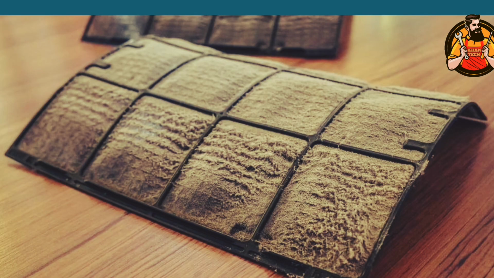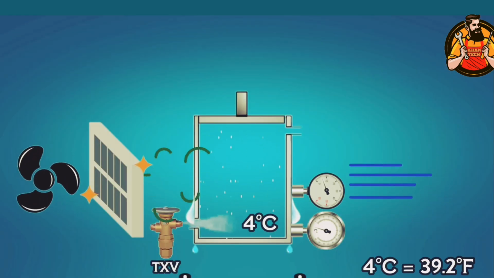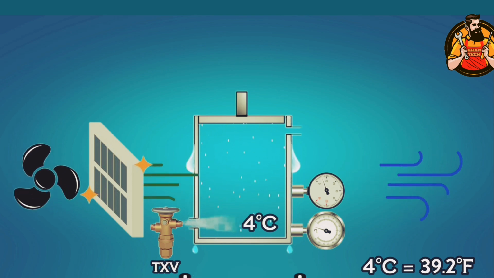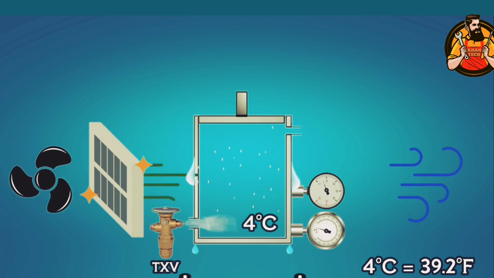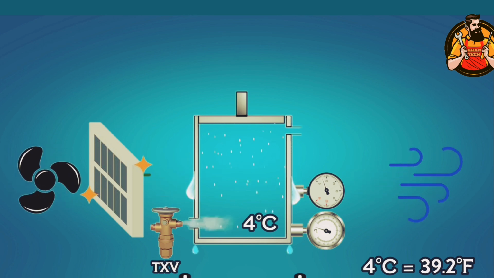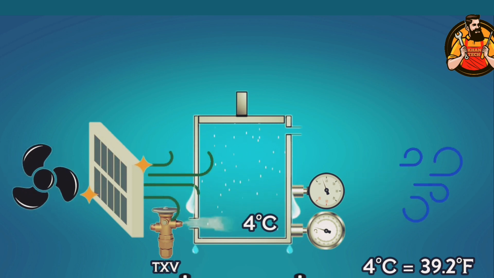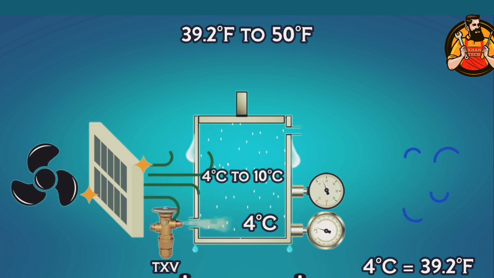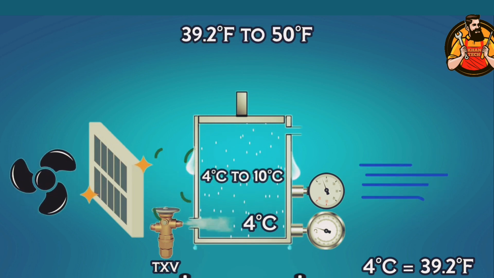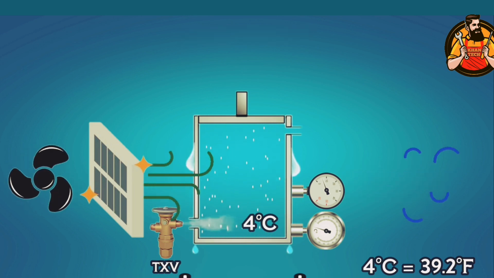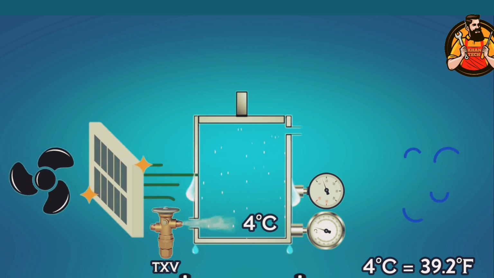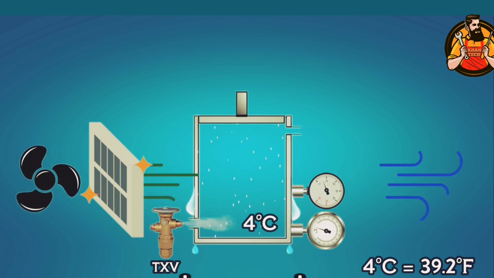Next, we can see how the evaporator coil freezes through the blocked filter. We have said that the refrigerant enters the evaporator from the expansion valve at a temperature of 4 degrees Celsius. This temperature changes with pressure. So, the temperature of the refrigerant will be from 4 degrees Celsius to 10 degrees Celsius. When the air coming from the blower falls on the evaporator coil, the temperature of the refrigerant inside the evaporator increases.